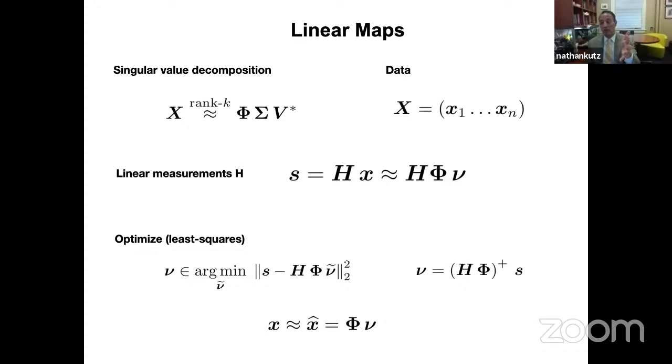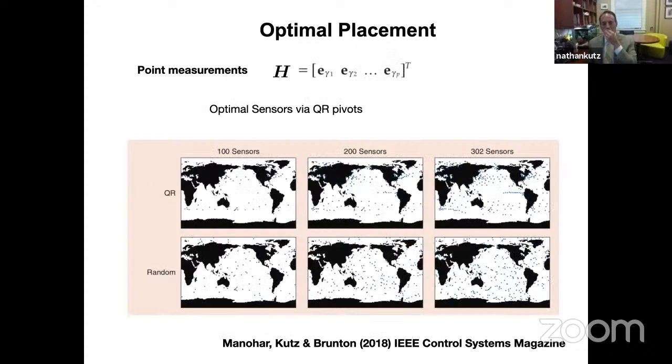So maybe I put them in terrible locations. So wherever I put them, I tell you how to do the best you can with where I put them. But really what I should be determining is, where should I put them in the first place? So my optimization problem has to take into account the fact that I should figure out where is the best place to measure my system. So what we're going to do is start talking about optimal placement. And so we're going to basically start placing them based upon these QR pivots.